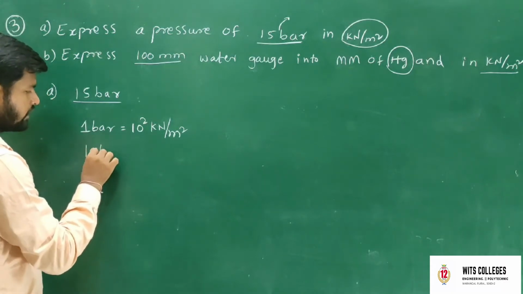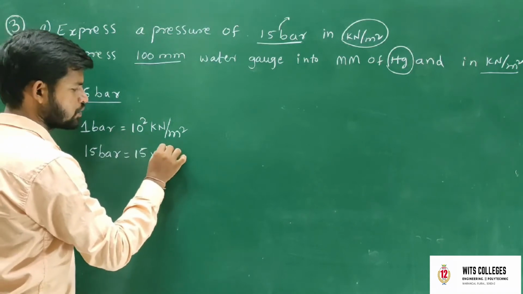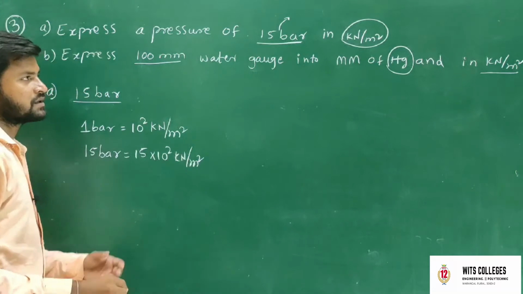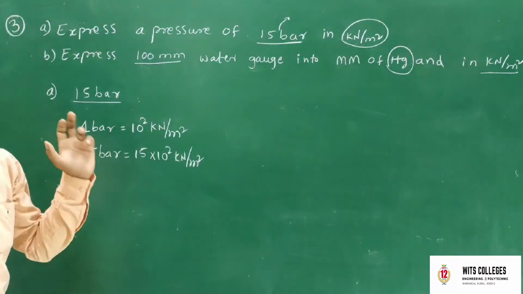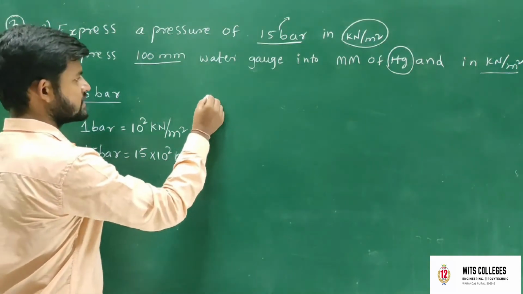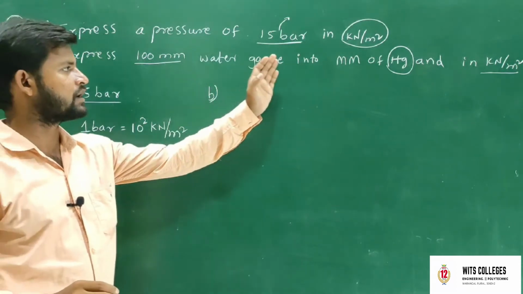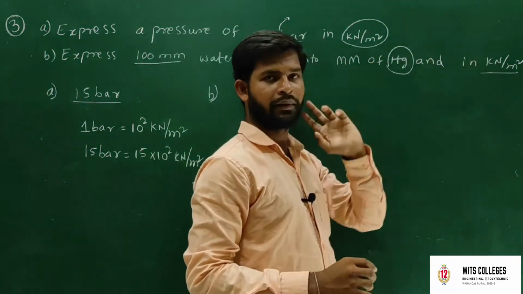That's why 15 bar pressure is equal to 15 into 10 square kilonewton per meter square. As well as the next one, B: 100 mm of water gauge will be converted into mm of Hg and kilonewton per meter square.